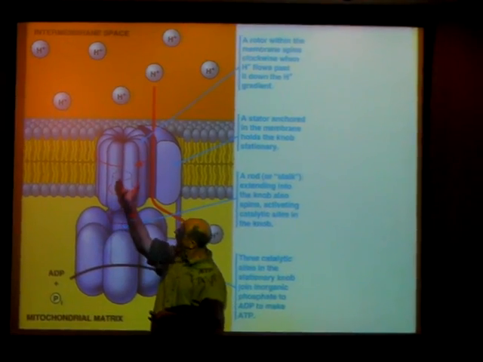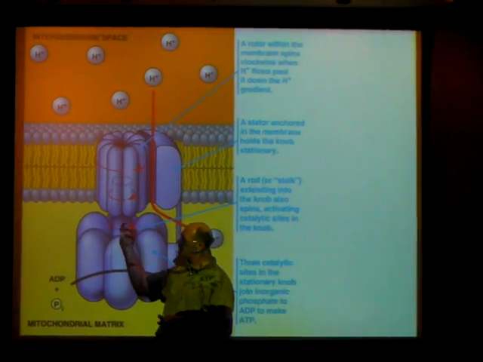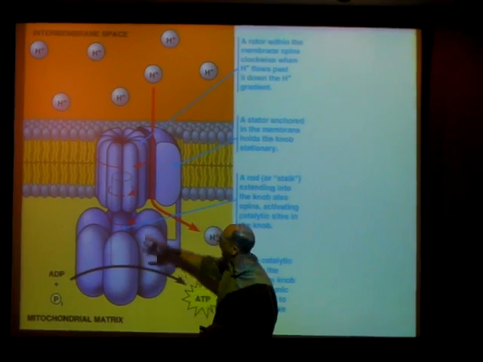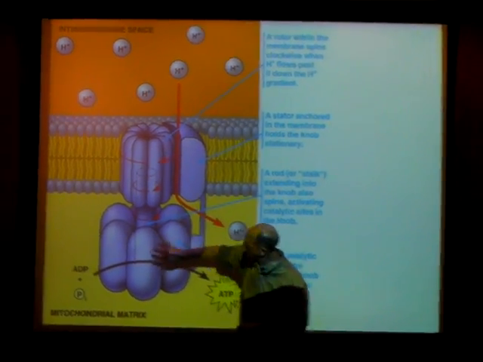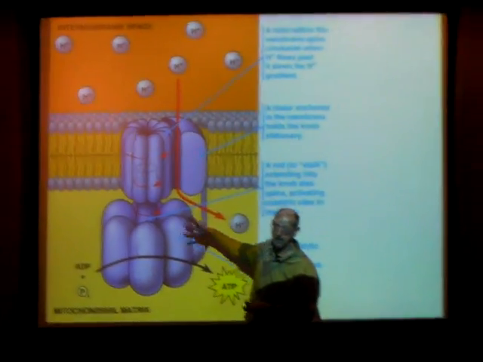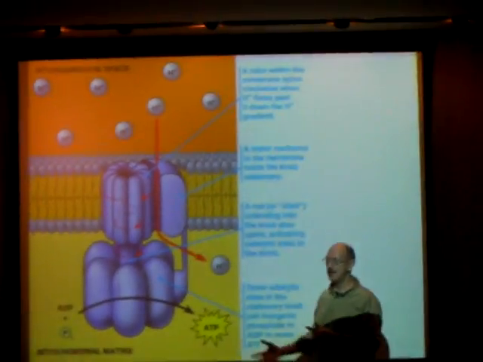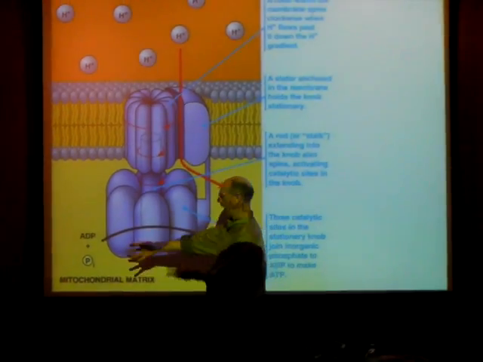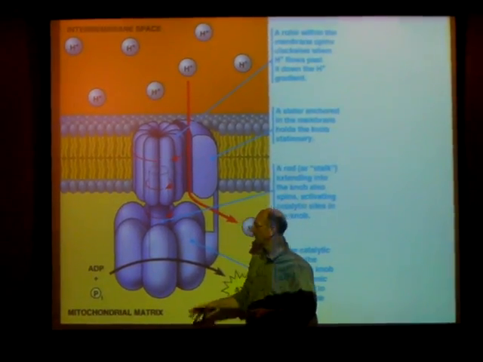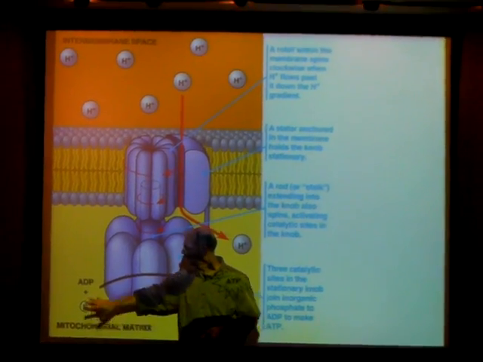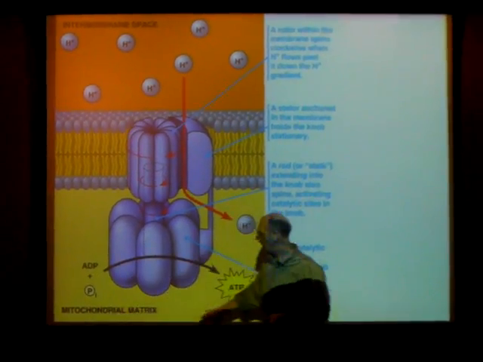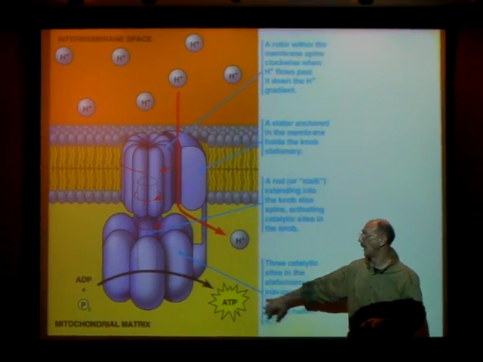So turning this rotor makes this shaft rotate, and what that does is it changes the conformation of these subunits here, which are basically ATPases, or ADP phosphorylases. This causes this enzyme to change its conformation such that ADP can now be phosphorylated to make ATP.